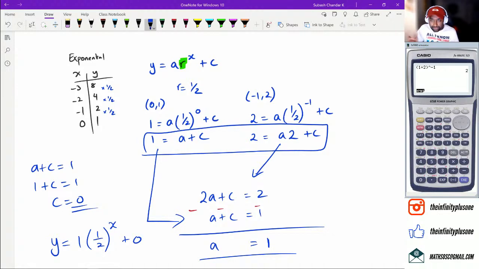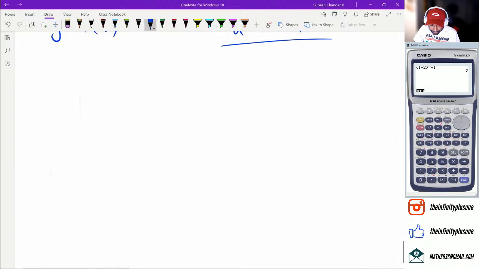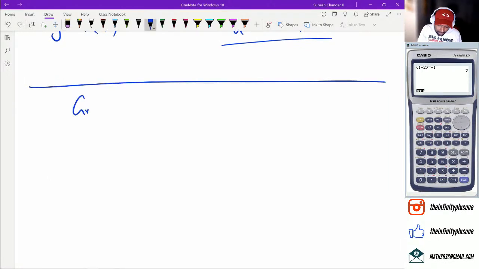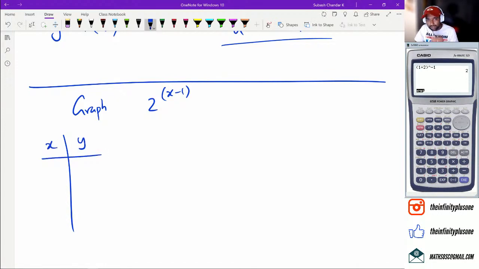So if they ask you to graph a particular graph, let's say graph 2 to the power of x minus 1, my thinking is this: get a little table, put down x and y, and put down 0, 1, 2, 3, and just start substituting into your calculator.